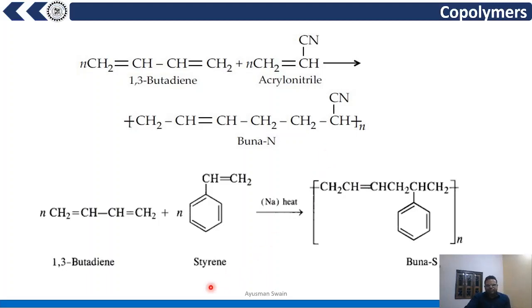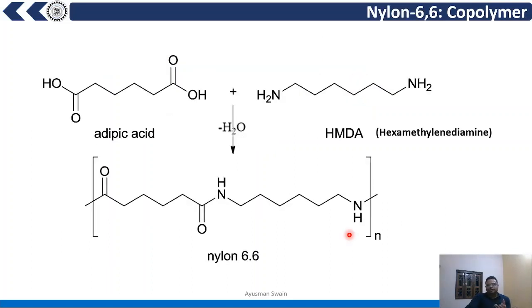Similarly, Buna S rubber is 1,3-butadiene plus styrene. These are also addition polymerization, because these two monomers are added to each other to give another polymer. There is no condensation, no release of a smaller molecule. This kind of polymerization is catalyzed by a peroxide or Ziegler-Natta catalyst.